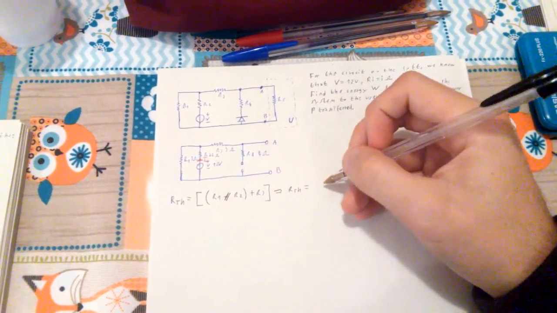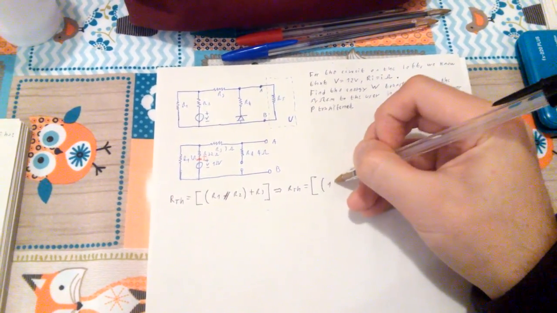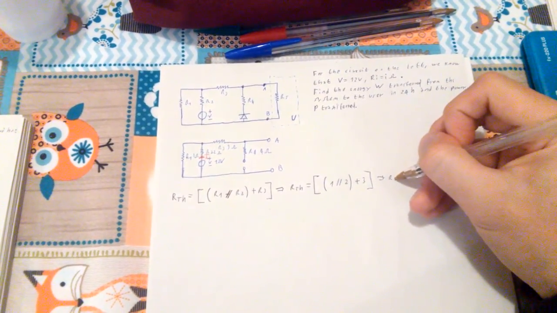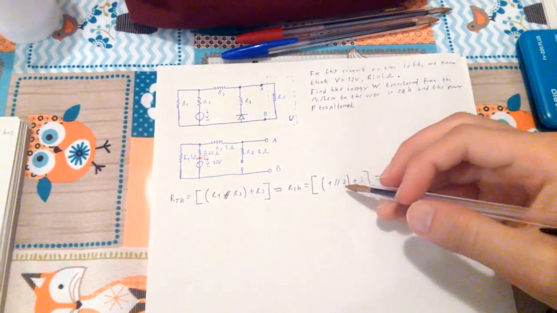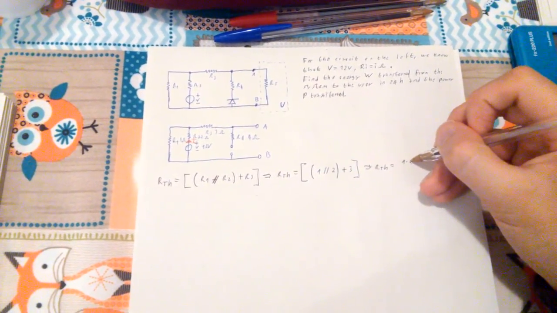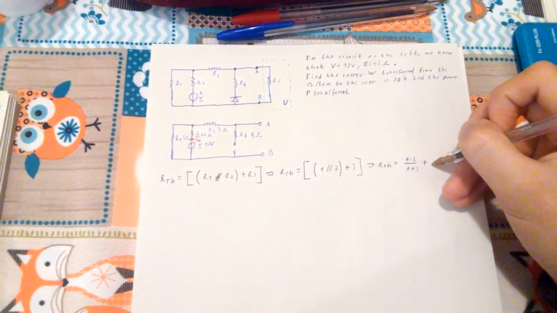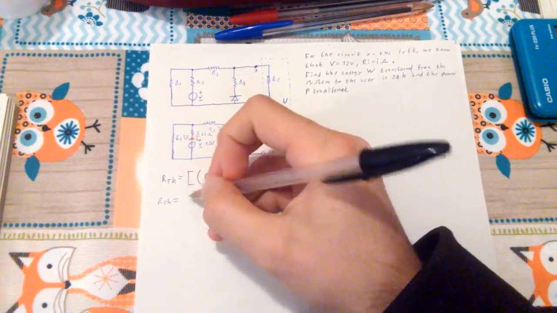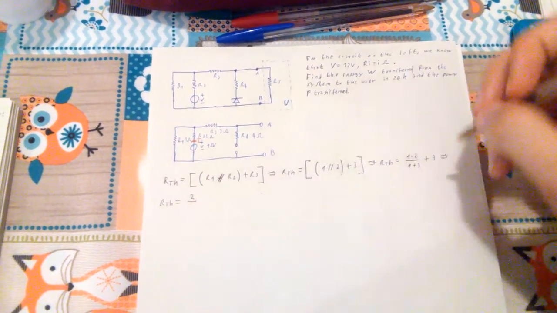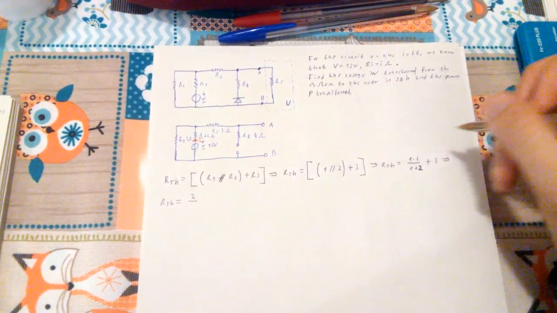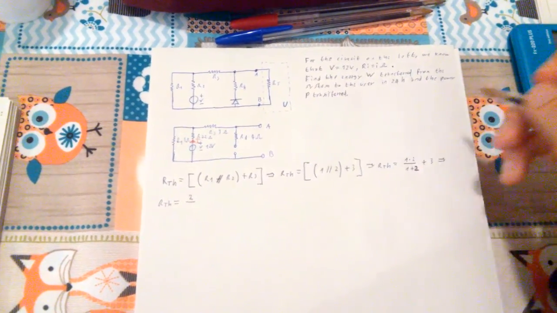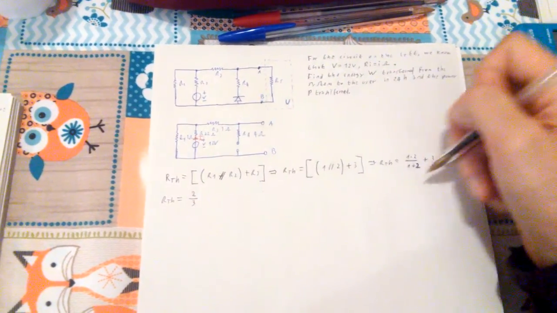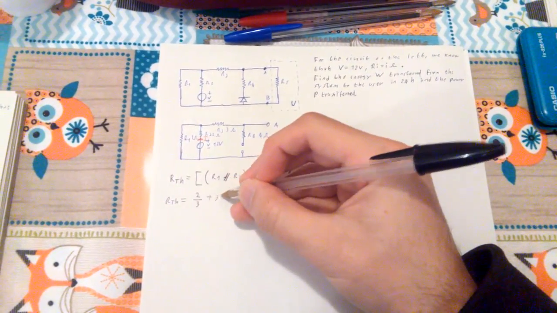So let's plug the numbers back in. RTH is 1 in parallel with 2, all plus 3. The parallel is the product over the sum, so 1 times 2 over 1 plus 2, all plus 3. 2 times 1 is 2, 2 plus 1 is 3. So plus 3.